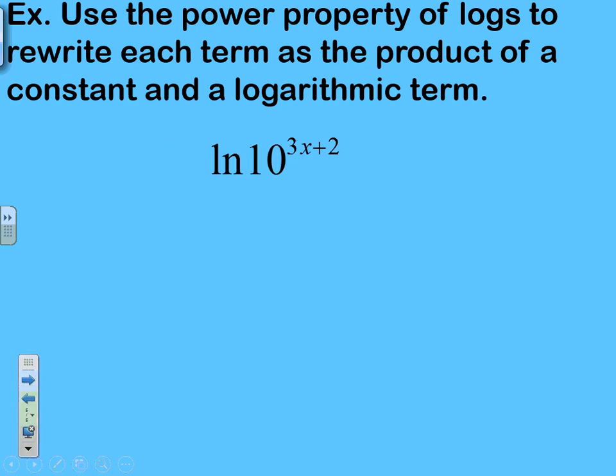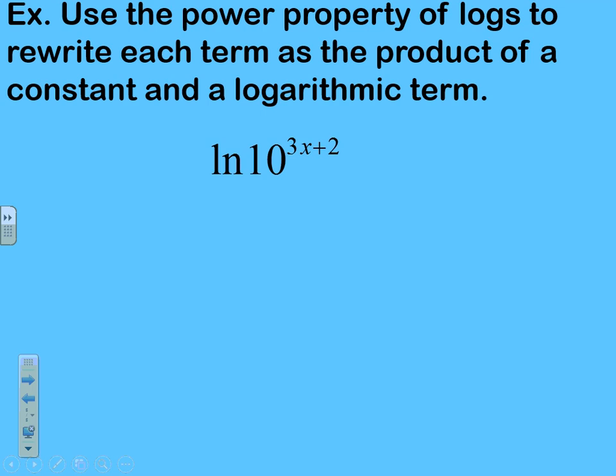So last one, again, not too much in the way of expanding here. We're not having some log with, in the parentheses of the log, something multiplied by something or something divided by something. So we're not going to expand anything through addition or subtraction like we did in the first example. But we do have an exponent.